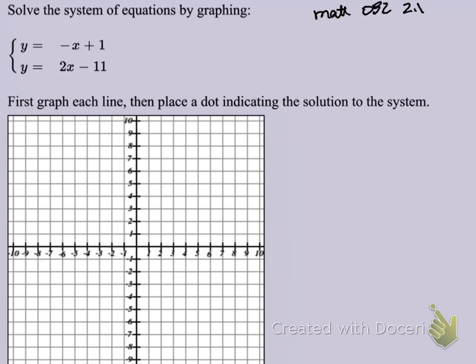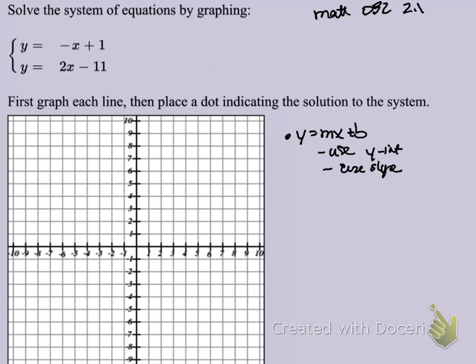So the methods that you can use to graph lines really depend on how the equation is being given to you. Okay, so let's just go over some of the methods that we have at our disposal. If you're given the equation in y equals mx plus b form, then the easiest, fastest way to do it is to graph the y-intercept and then use the slope to find subsequent points.